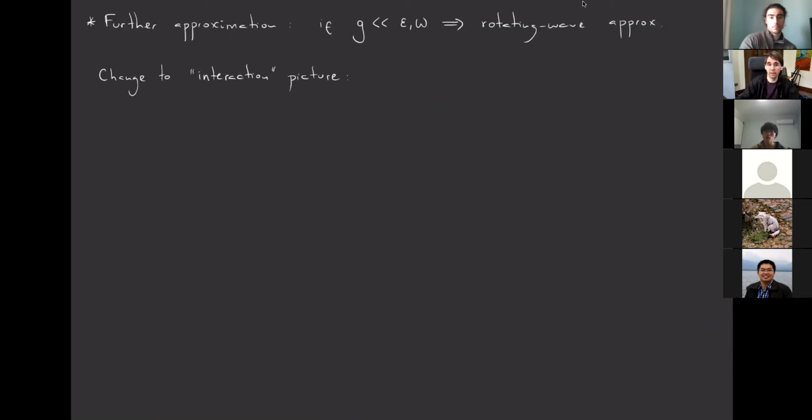The interaction picture is just discounting the evolution given by the non-interacting part of the Hamiltonian. So this means that we do a transformation with a unitary described by this H_C, which is just the Hamiltonian of light plus the Hamiltonian of matter.